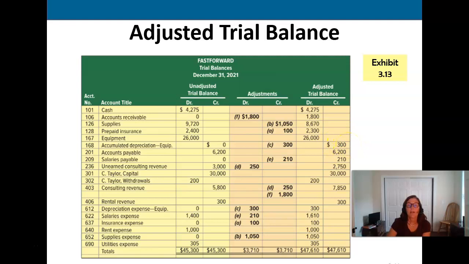So basically, if there was no balance initially in the unadjusted trial balance, then all you have to do is just transfer the adjustment over into its appropriate debit or credit column in the adjusted trial balance. If there was a balance in that account, then you need to either increase or decrease that balance based on whether it was a debit or a credit, and then record the new total in the adjusted trial balance in its appropriate account.